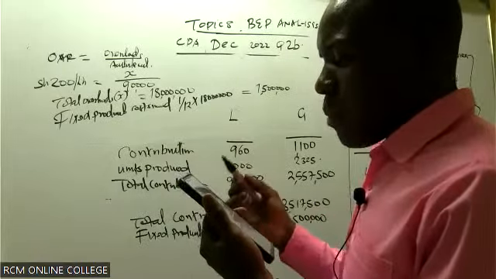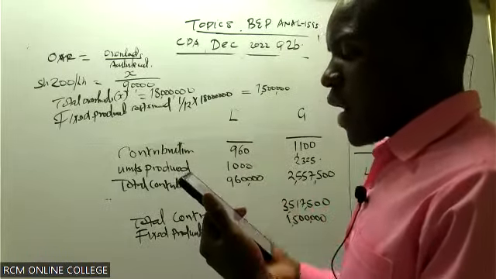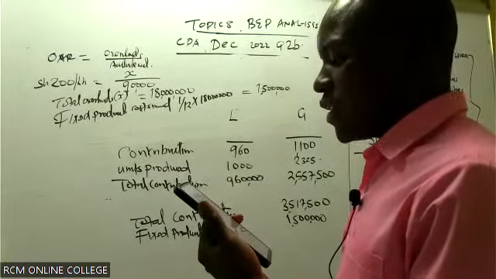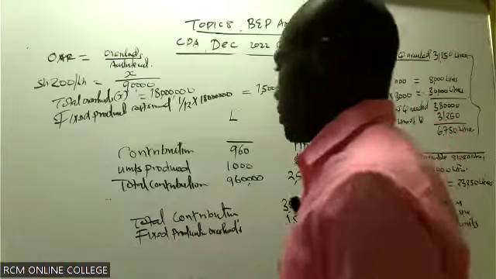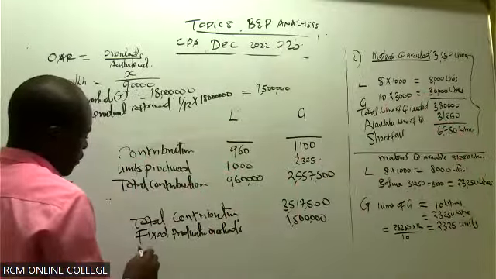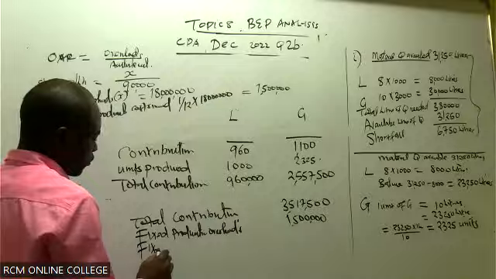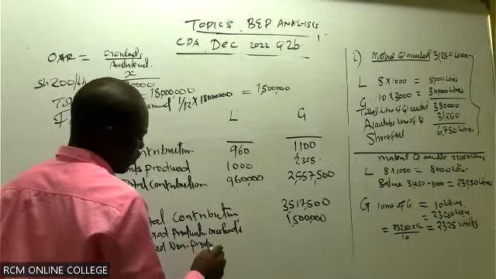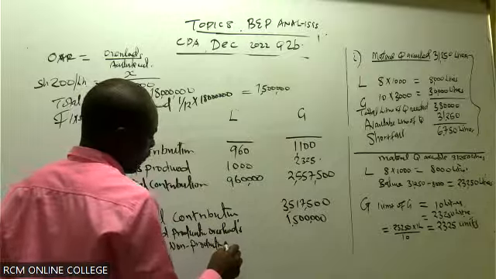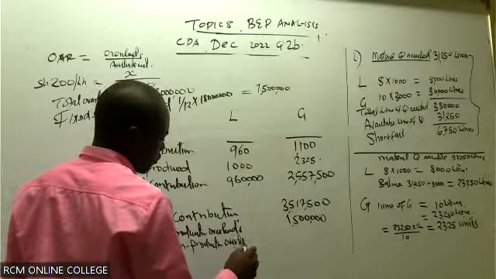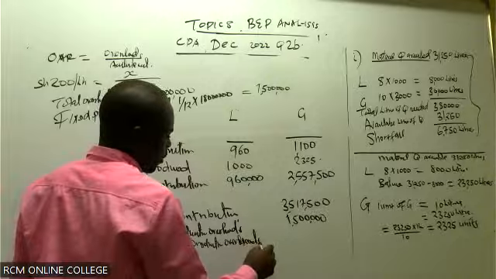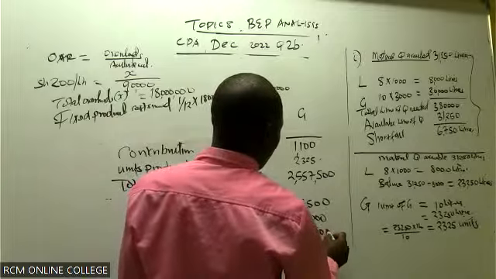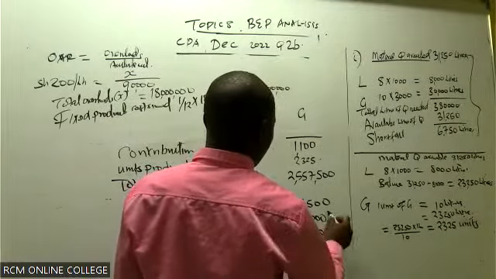In addition to the above costs, non-production overhead costs are expected to be 577,500. So less fixed non-production overheads or costs, equivalent to 577,500.